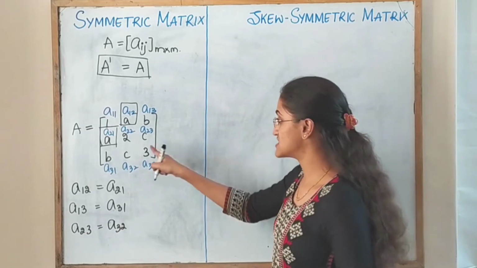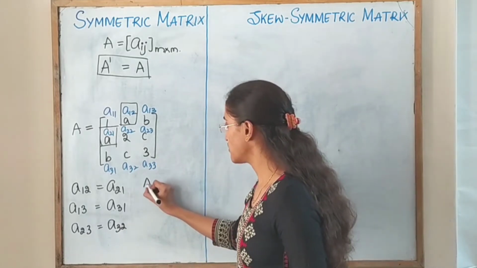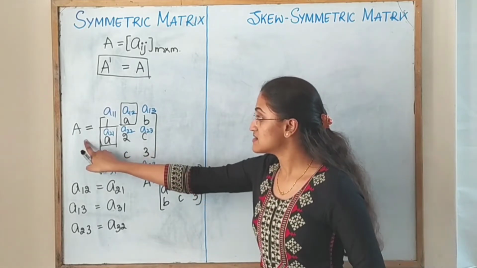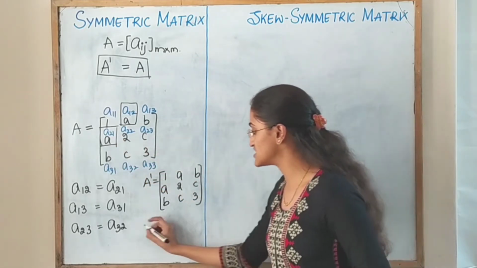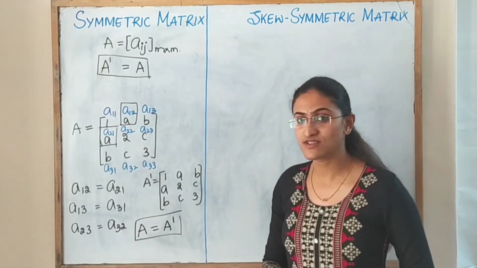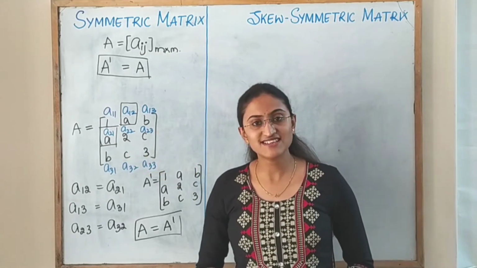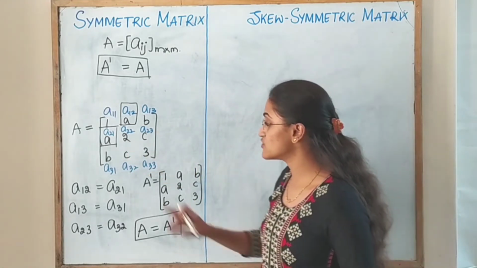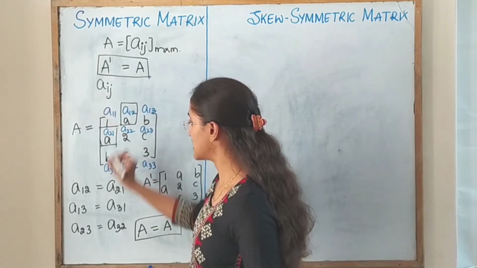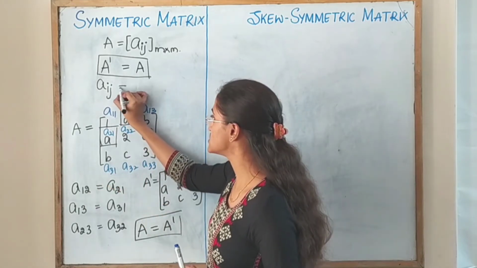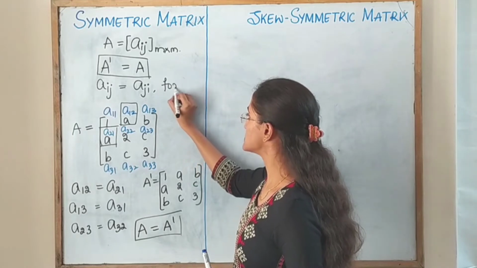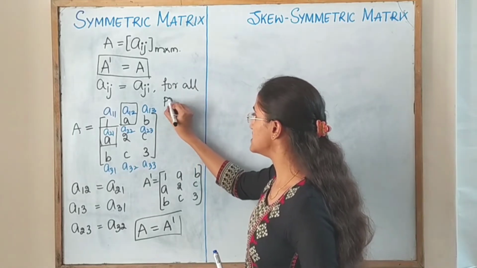If we take the transpose of this matrix, you can check that the given matrix A and its transpose are equal to each other, and hence you can conclude that the given matrix A is a symmetric matrix. And hence you can also write this as any element Aij will be equal to Aji for all possible values of i and j.